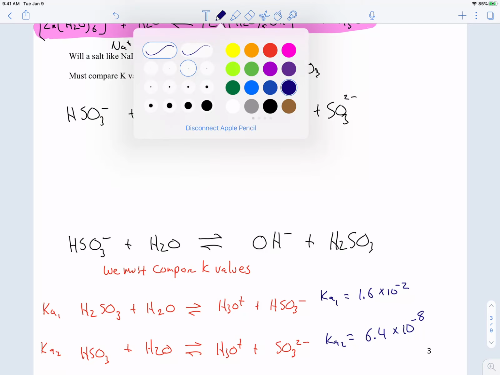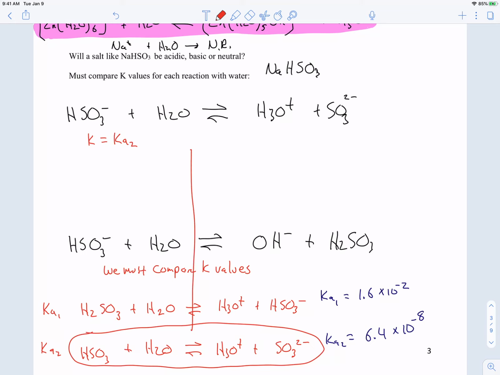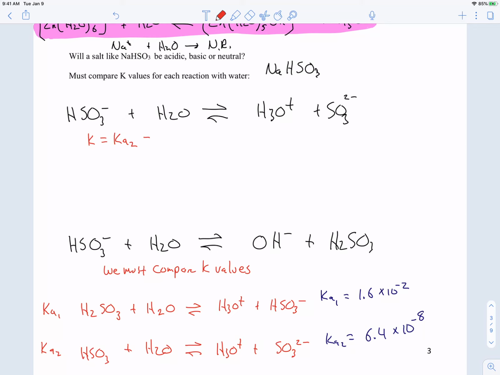So the K for this first reaction is going to equal Ka2. That's this reaction that we just did. They're identical if you compare them. So that is going to be Ka2, which equals 6.4 times 10 to the minus 8th.